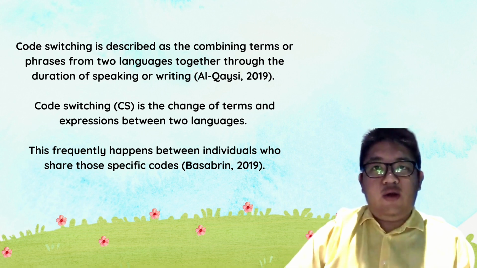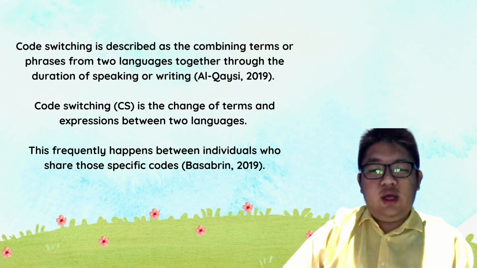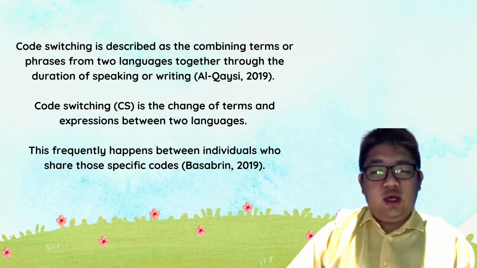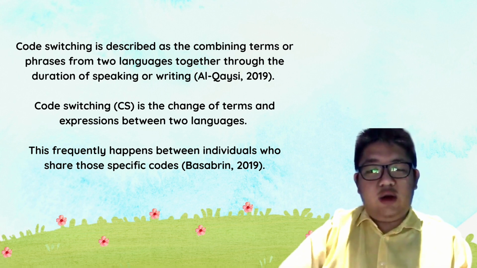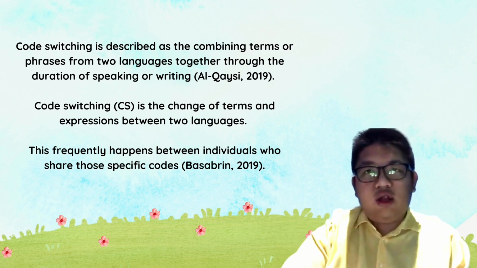Code switching, or in short CS, is the change of terms and expressions between two languages. This frequently happens between individuals who share their specific codes. Now, off to the next topic.